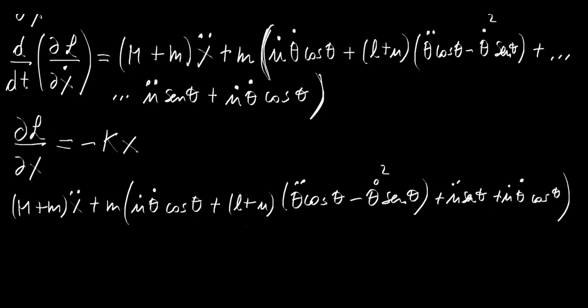Again, not enough space. Minus the partial derivative of the Lagrangian with respect to x, plus kx. Well, equals 0. It equals 0 because we are assuming there are no non-conservative forces present in our system here.